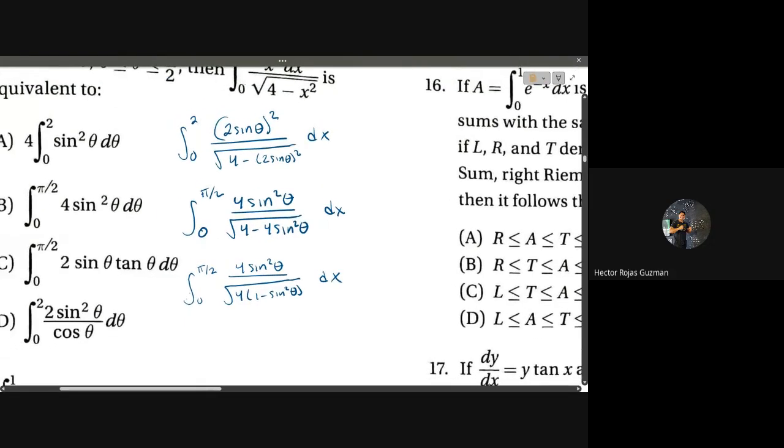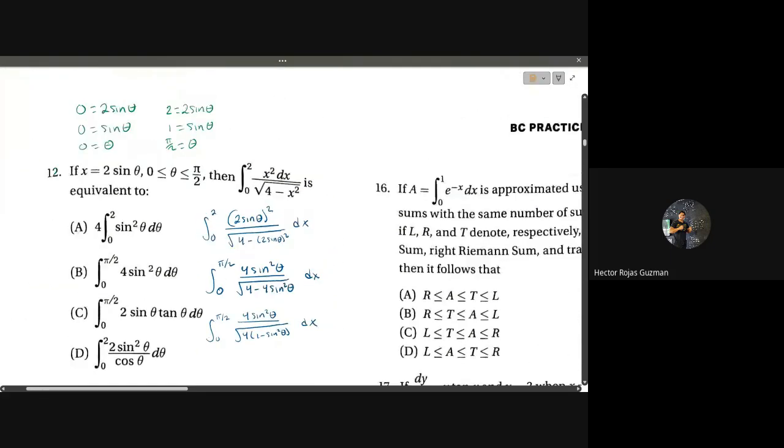Oh, one last thing. I still have a dx, right? And we're changing everything from x's to theta. I mean, look at your choices, right? They all say d theta. So let me take that step right now.